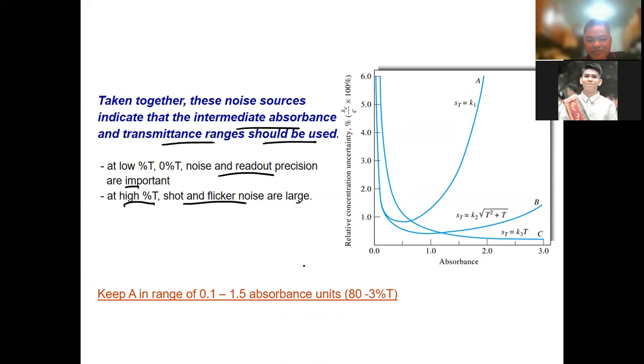And as much as possible, to minimize this noise, we need to keep the absorbance between 0.1 to 1.5, although we said we want the max to be around 1. So this 0.1 to 1.5 is equivalent to 80 to 3% transmittance.